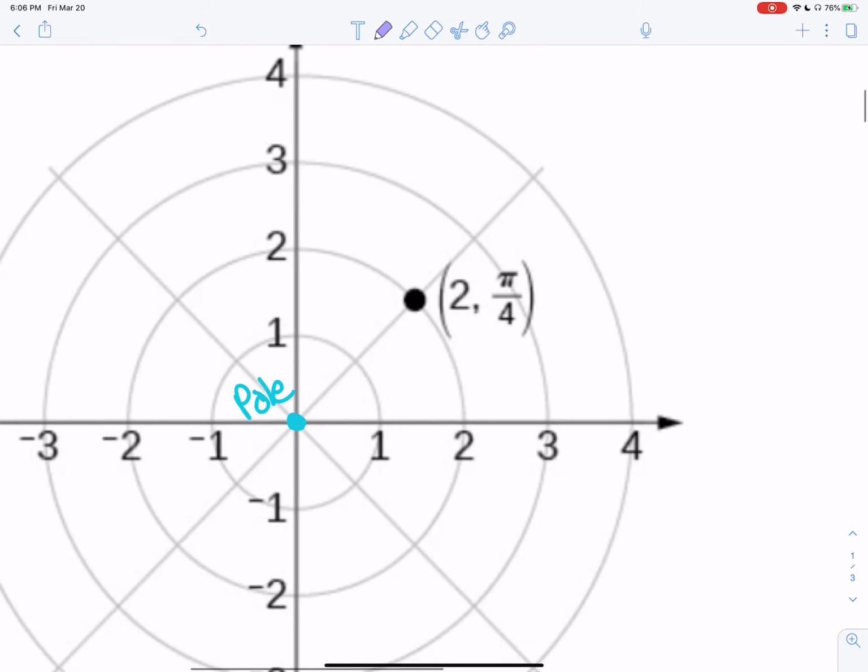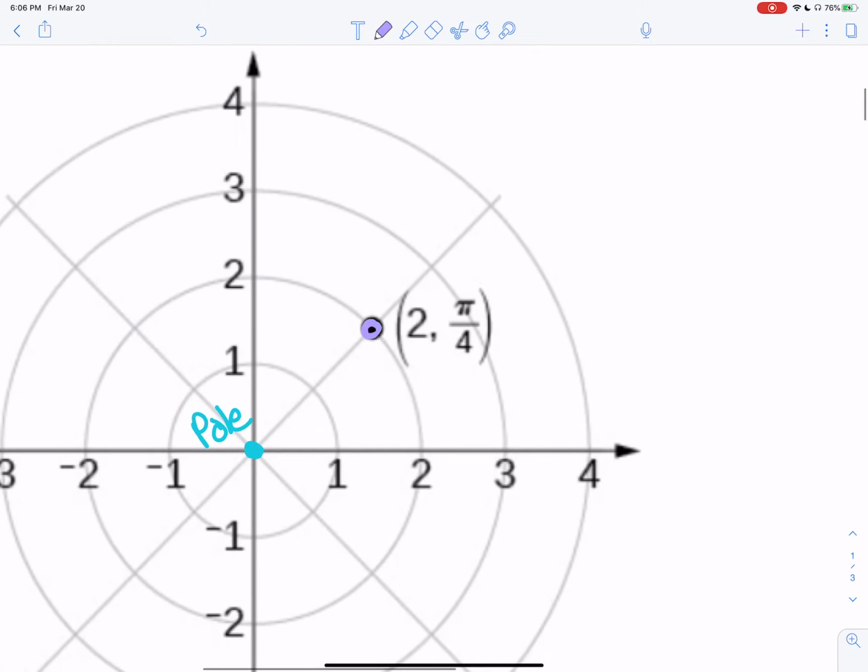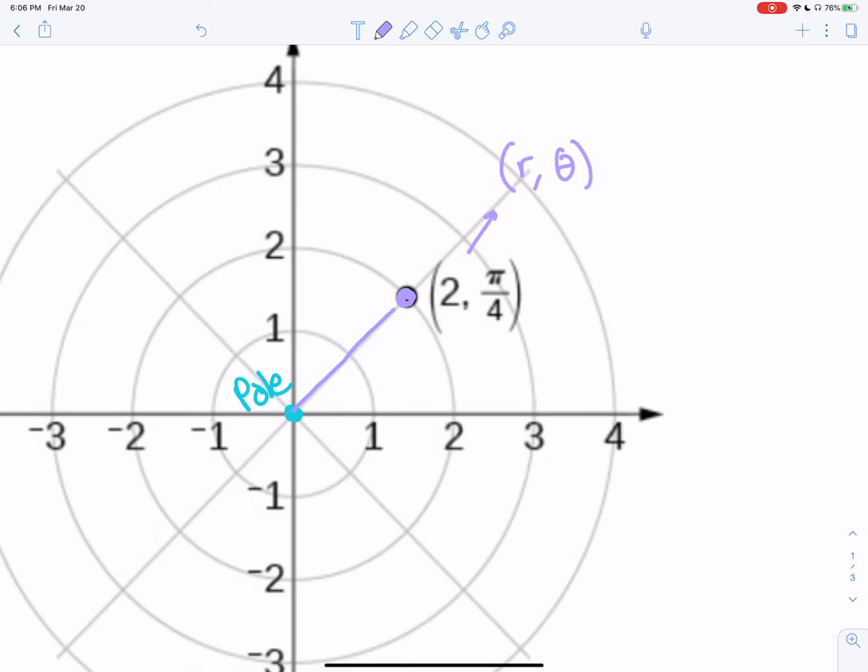So this point right here, (2, pi/4). Remember that is the radius and the angle theta. In this case, r is here, so that's a length of 2. We can verify that. And then this angle here, that is theta equals pi/4.